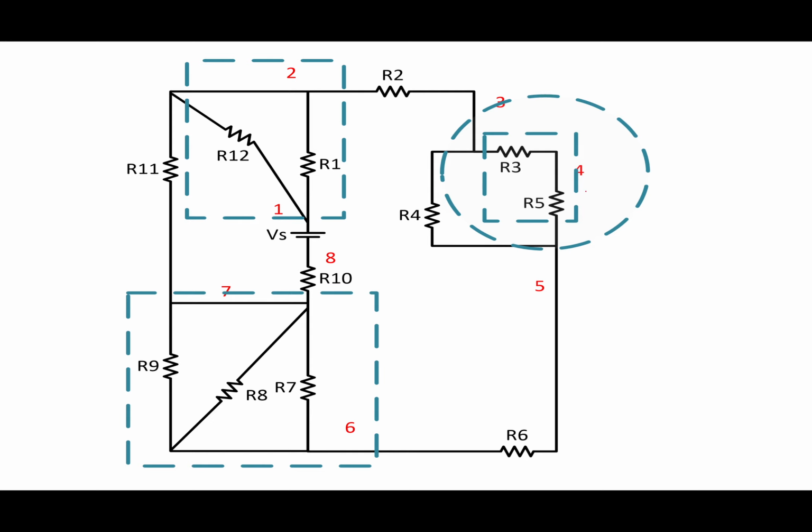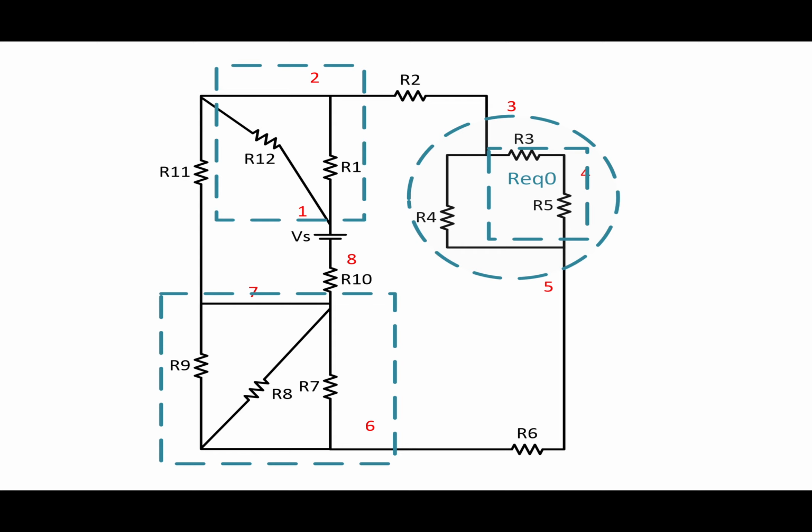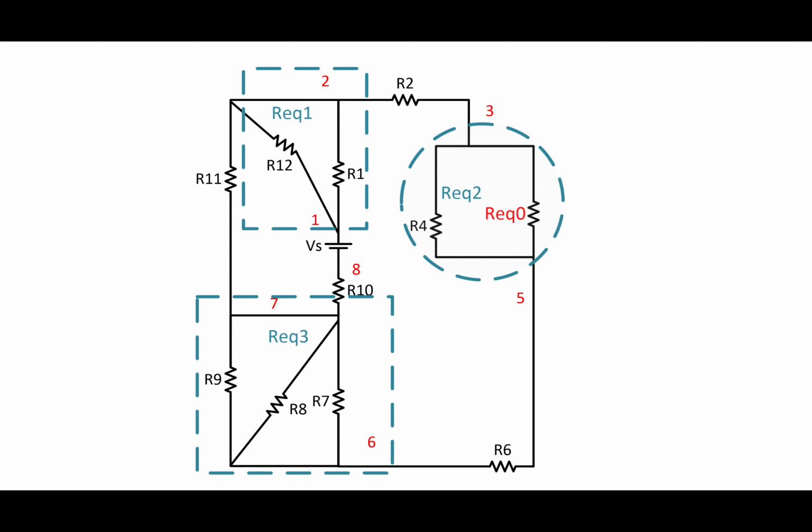So we have nodes 1, 2, 3, 4. I will call R3 and R2 equivalent 0. And then, as you see, we have here R equivalent 0 with R4 in parallel.